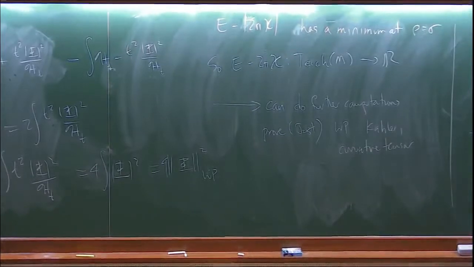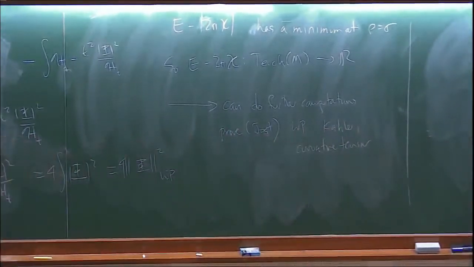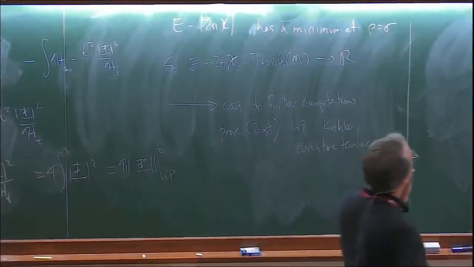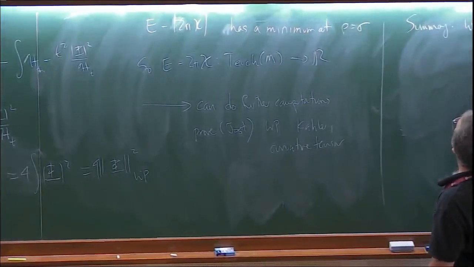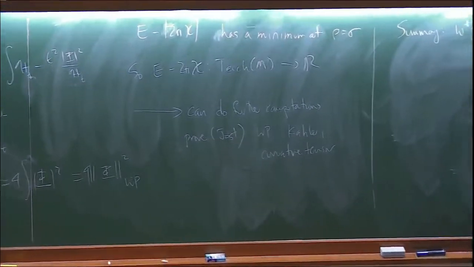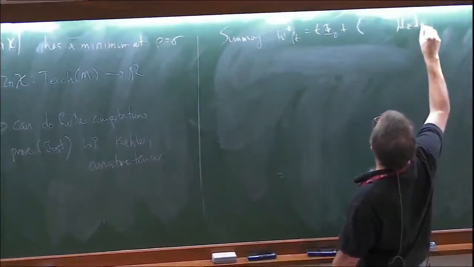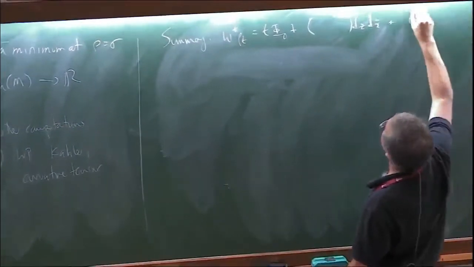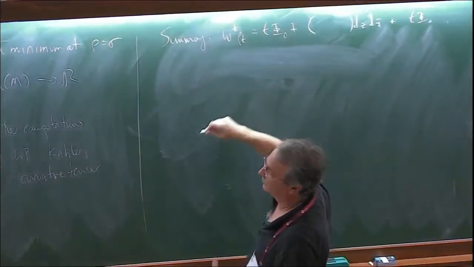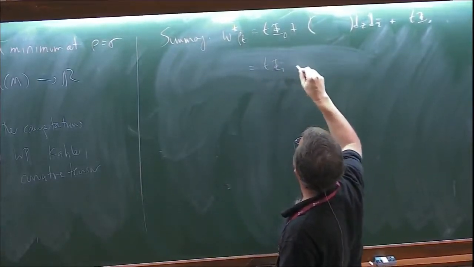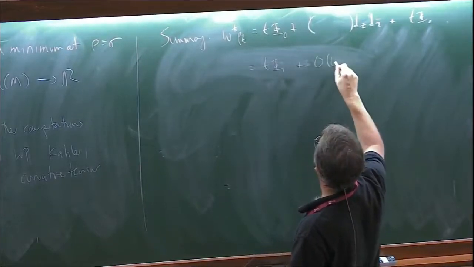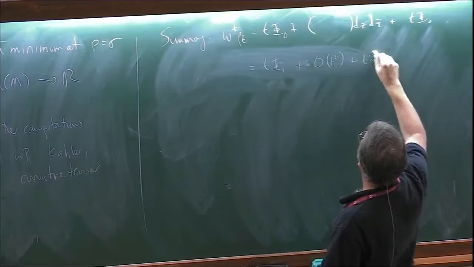Let me summarize it this way. If I look at W star rho t, and that's t phi 0 plus this stuff, dz dz bar plus t phi 0 bar, then through this calculus we've talked about, we can write this as t phi 0 plus big O of t squared plus t phi 0 bar.